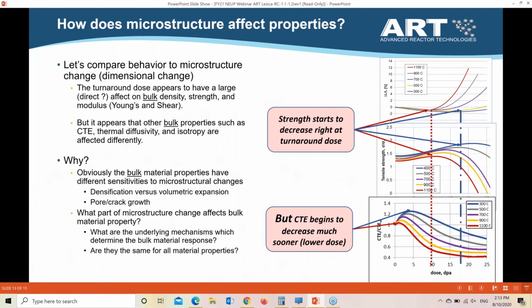The question is, why is this? The bulk material has different sensitivities to microstructural changes, and understanding these underlying mechanisms so that we can better predict and understand the bulk material's response is the goal here.